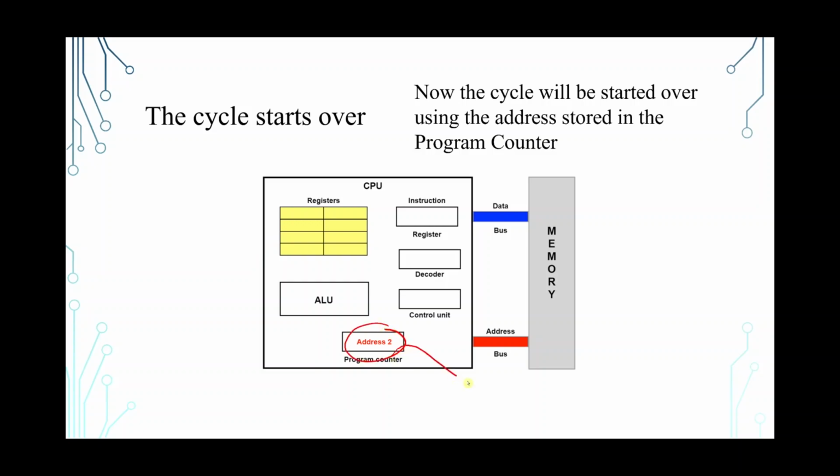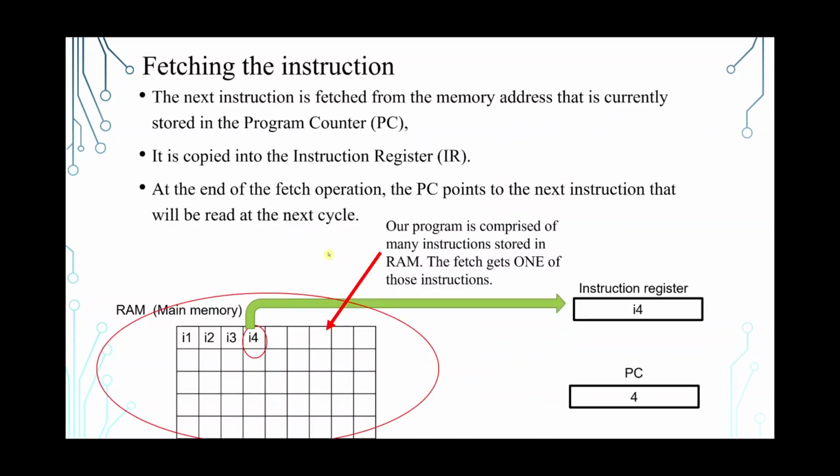This address is moved into the address bus, and immediately it is incremented to address 3, then fetched into the data bus and put into the instruction register. Then the decoder decodes it, tells the control unit what to tell the ALU to do. The ALU executes it, and then stores the result in the register. And that is all of it.